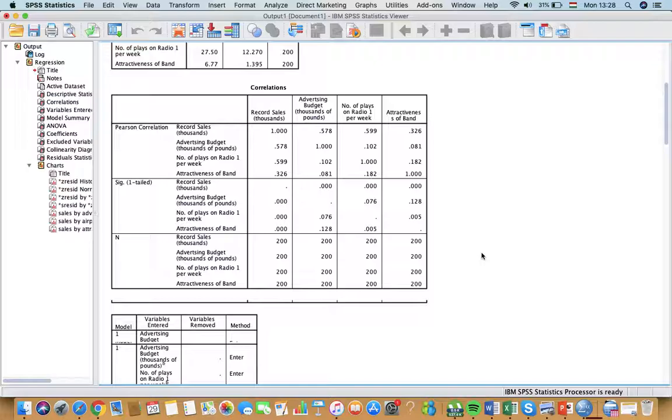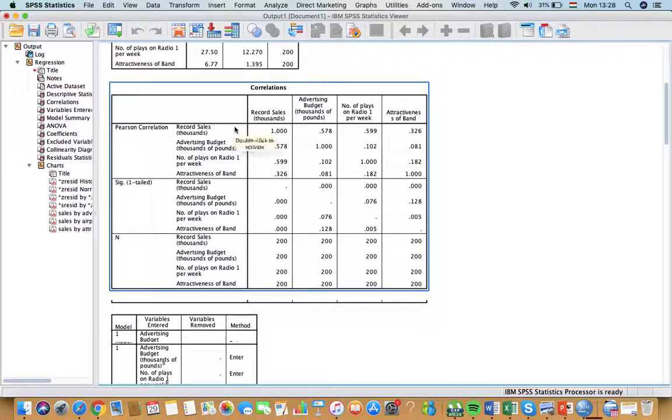The next, as I said, is the correlations. So you would like to see that your predictor variables are not correlated. They are different from each other. So what are the predictor variables? The advertising budget. We know it correlates with the record sales. That's the outcome variable. That's not important.